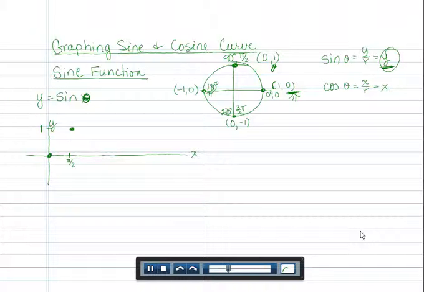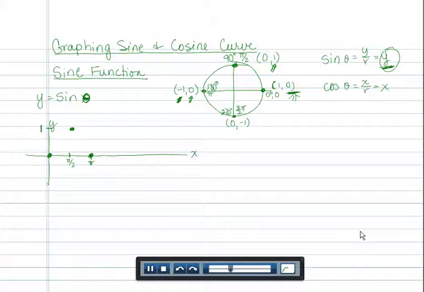The next angle is pi. So we're going every pi halves, or every 90 degrees. At 180 degrees, or pi, the y value is 0.